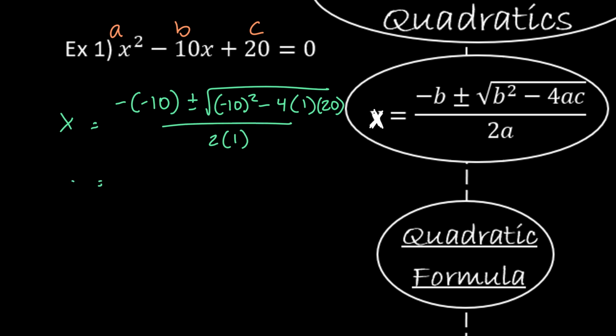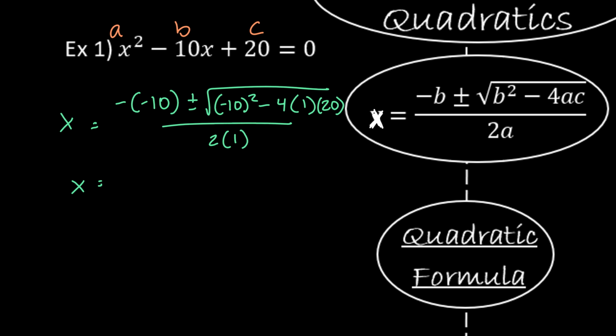Now, what math here do you think I'm going to tell you to do first? Always the number inside of the square root. That's the math that needs to be done first.